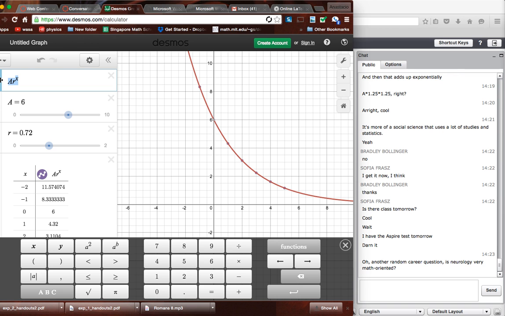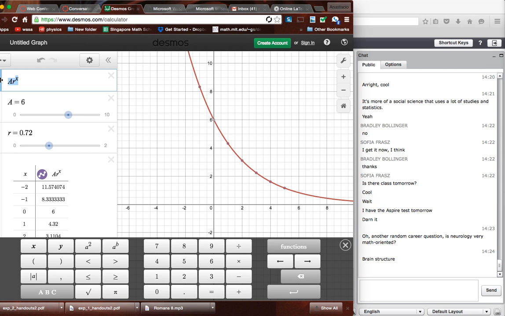Another random career question: is neurology very math oriented? I would say so. Yeah, absolutely. Neurology is basically an offshoot of biology, which can be math oriented. We have a teacher here who doesn't really like math, teaches great biology stuff, right? I probably teach my science classes way too heavy in math.